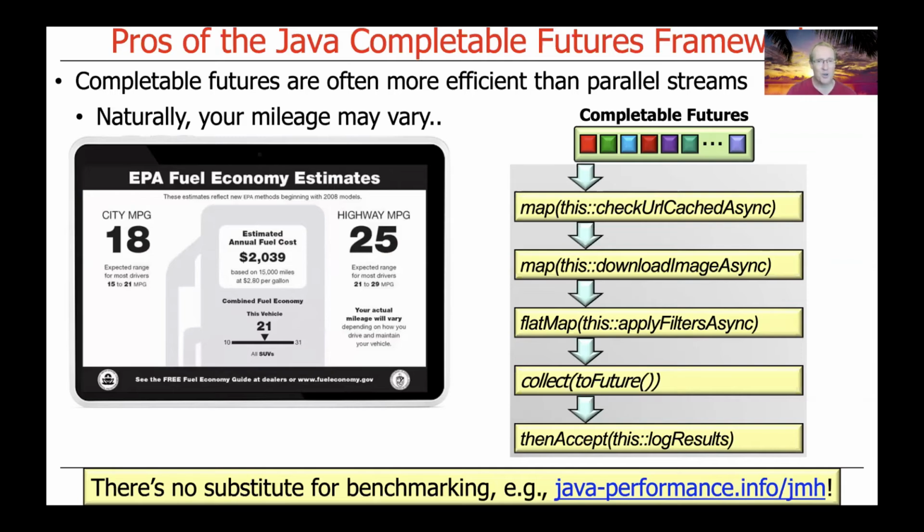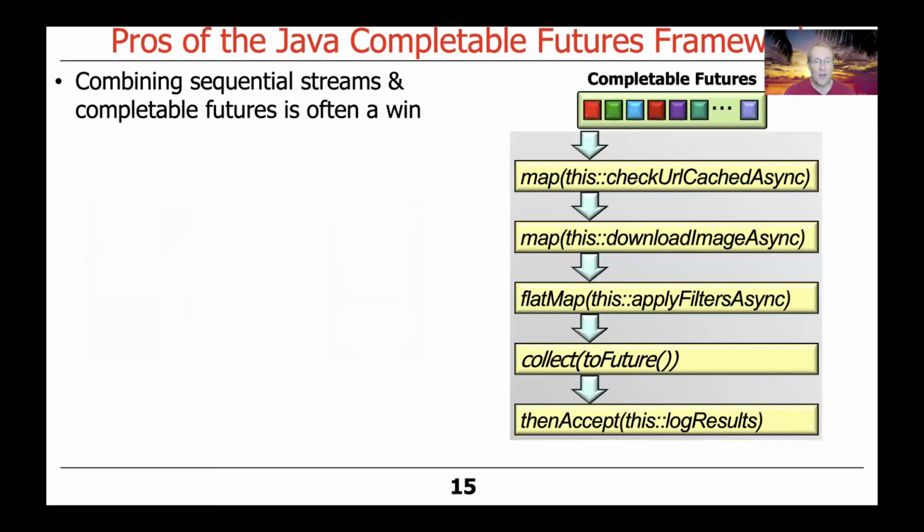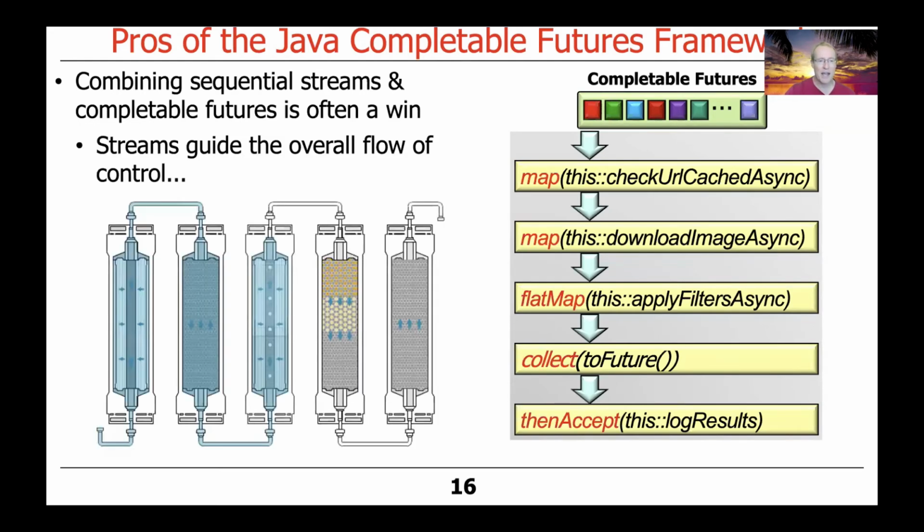If you want to set up benchmarking, you might use the Java micro benchmark harness, JMH, which is a very cool capability. Another thing to keep in mind in terms of benefits of completable futures is that combining them with sequential streams is often a win, as we showed with the image stream gang app.